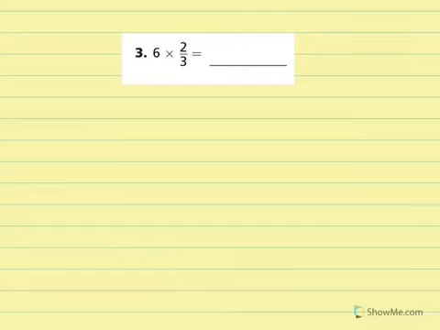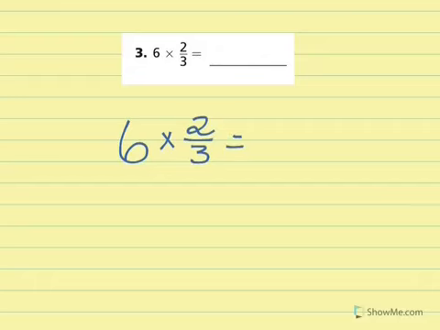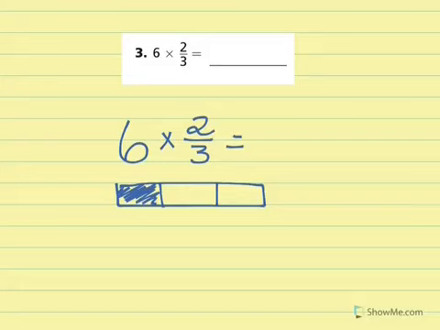Let's try to solve this one without our fraction strips. So we have 6 wholes times 2/3. Well, I know in my mind that this is 2/3 6 times. So if I had 6 fraction strips, each one would be cut into thirds, and we would have 2/3 shaded.